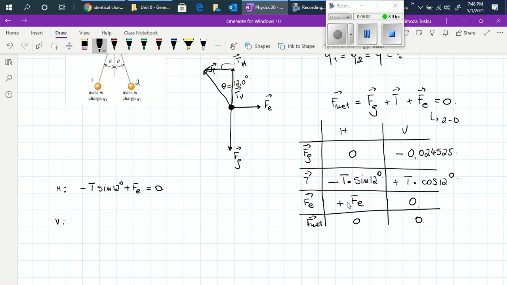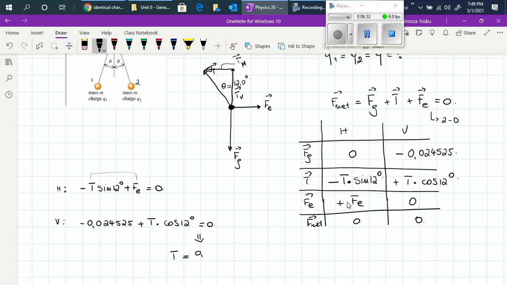From the vertical component, we have negative 0.024525 plus T times cosine 12 degrees is equal to 0. As you see, in the horizontal equation we have two unknowns, so we don't start from there. But when we take a look at the vertical, we have only one unknown, which is the tension.